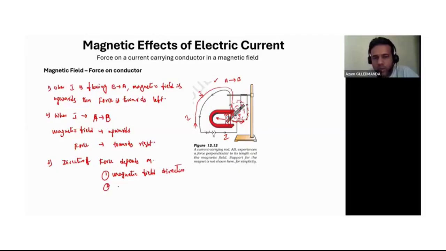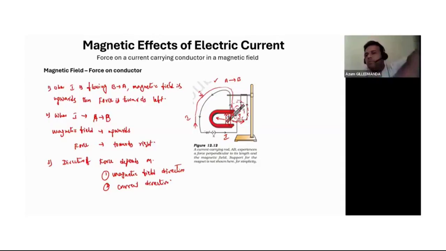Number two, current direction. Right? These are the two parameters. The direction of the current decides which way the force is exerted. Similarly, the magnetic field direction. So we did it by reversing the current.